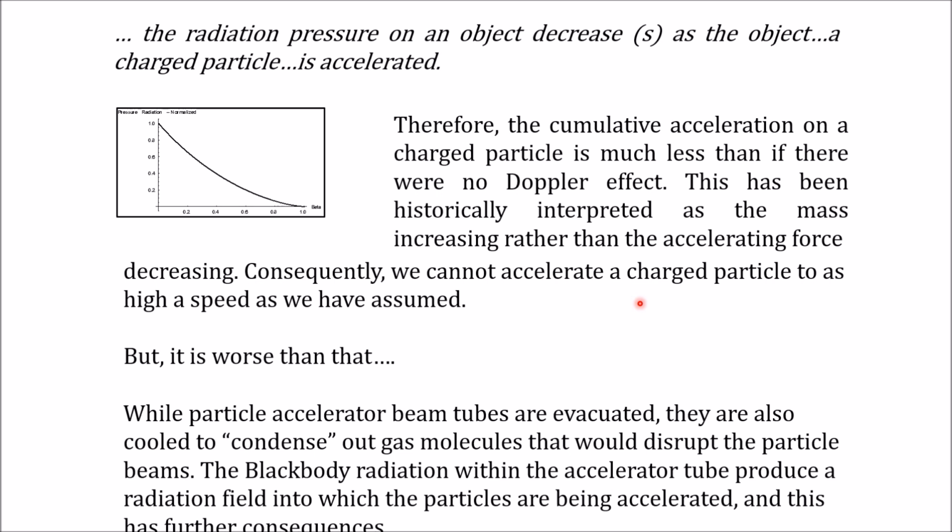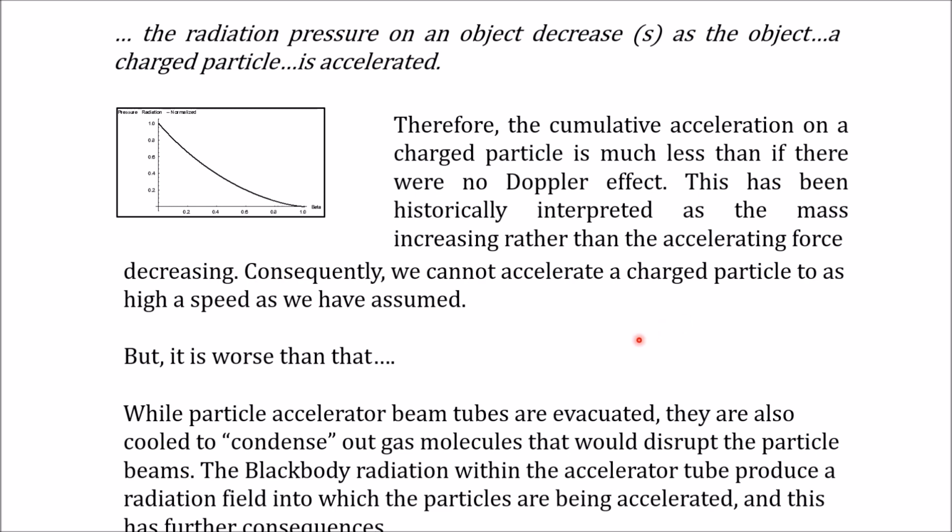And when you take an object like an electron and you accelerate it into this black body radiation, it's like a pressure against the movement of the object. In other words, it's a retarding pressure on it. The faster the object moves into it, the Doppler upshift of that radiation impinging on the moving electron creates a force that counters the driving force.